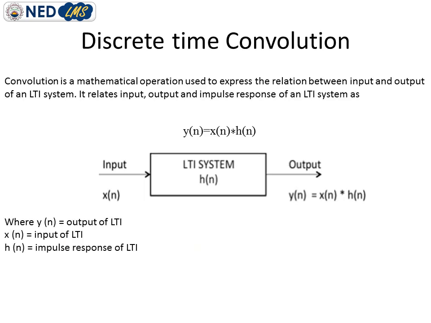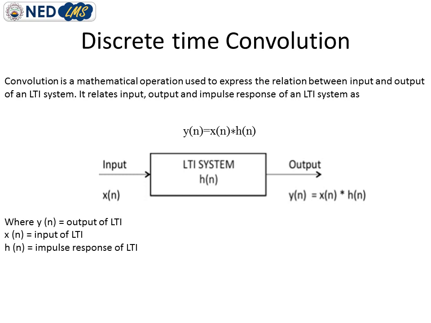Convolution is such an effective tool that can be utilized to determine an LTI system's output from an input and the impulse response knowledge. As you can see from the slide, we have two discrete time signals, x of n and h of n.